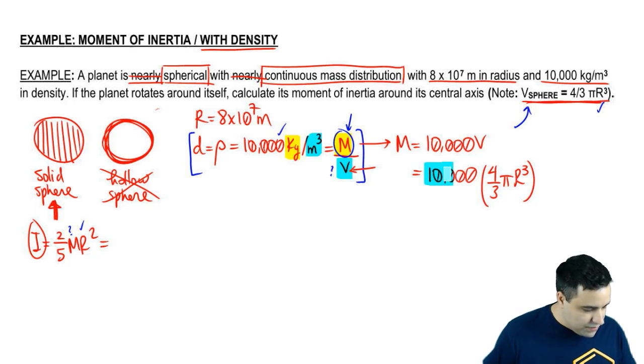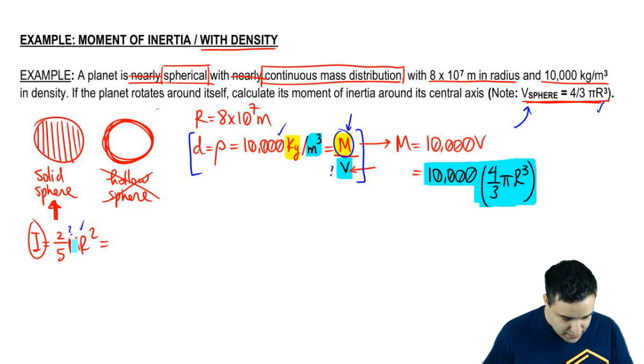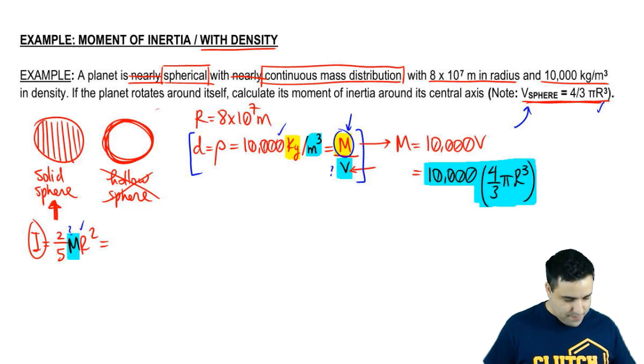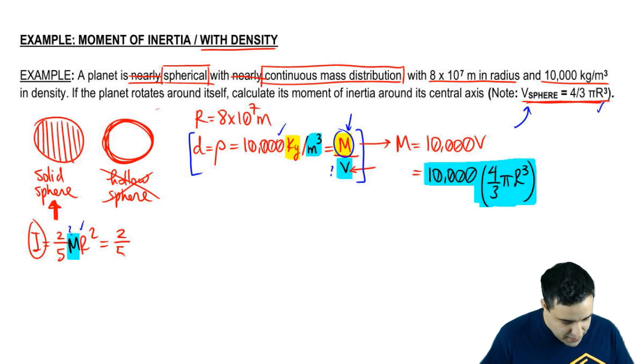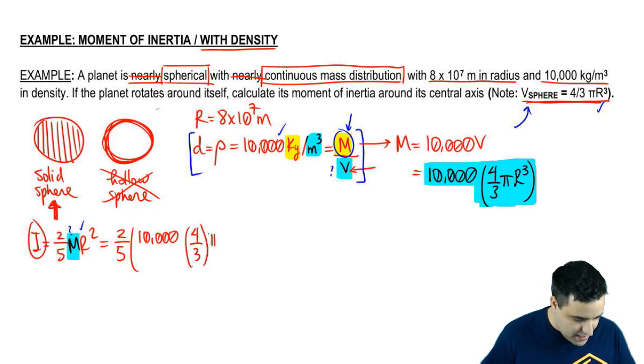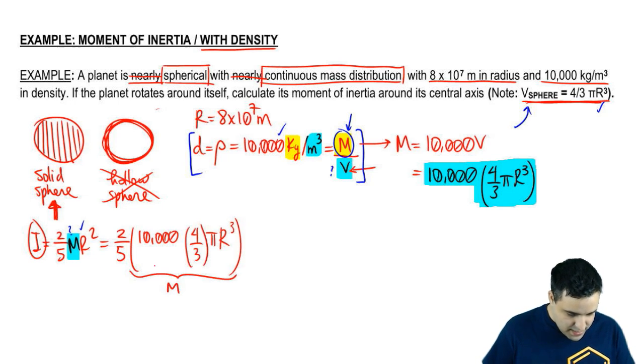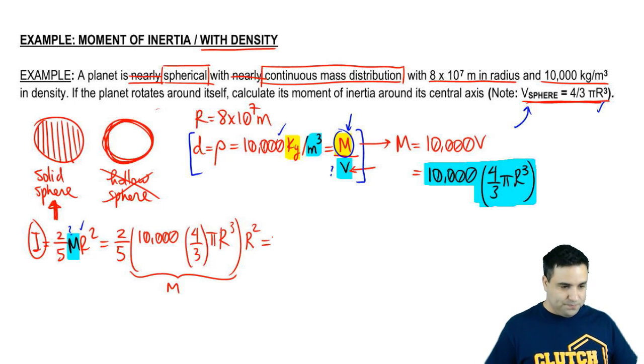So I'm going to get this whole thing, which is M, and stick it in here. So 2 over 5 times 10,000 times 4/3 pi r cubed. This is just M. And then I also have the r squared here. Tons of r's.